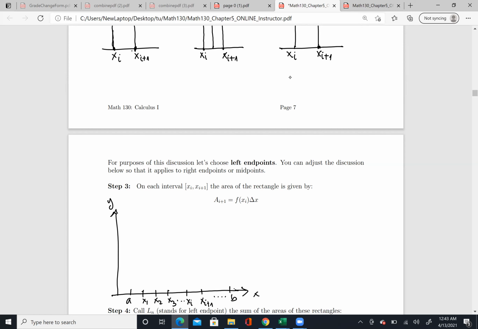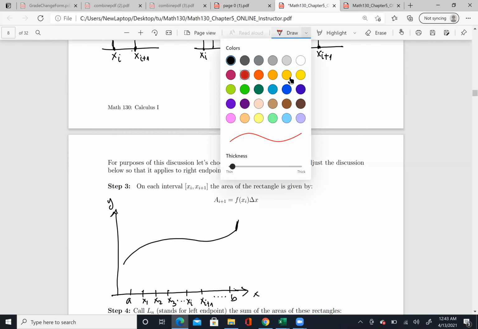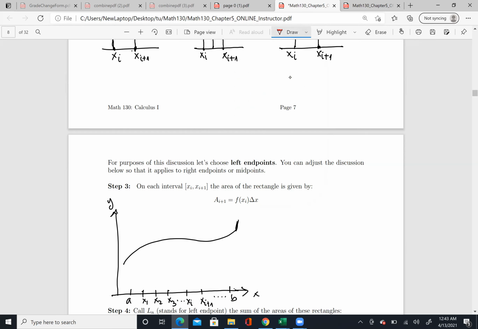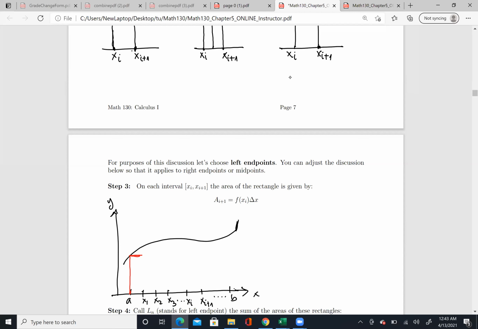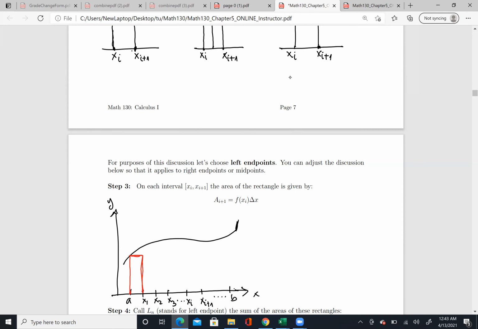If I use the left endpoint, then let's start with a here, first endpoint, and make the first rectangle here, right?